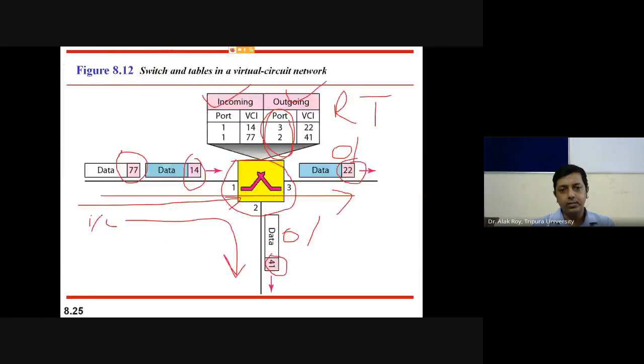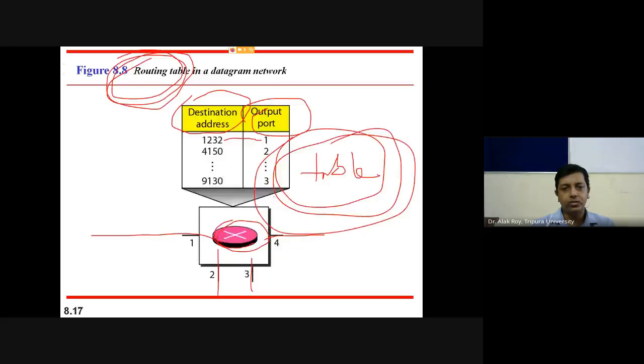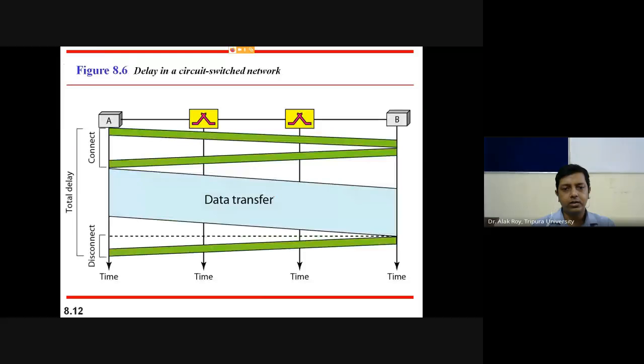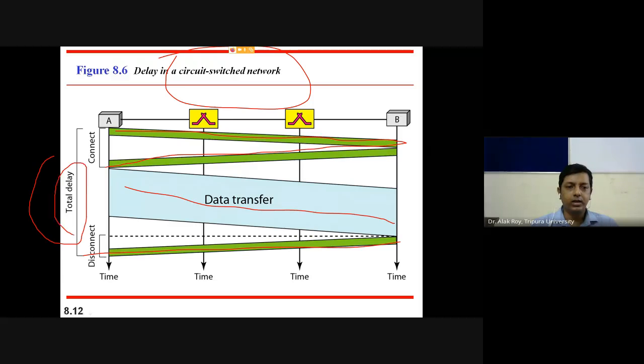Earlier one, just give me 1 minute. See clearly. Type 1: establishment, data transfer, ACK. So the delay was the total delay.